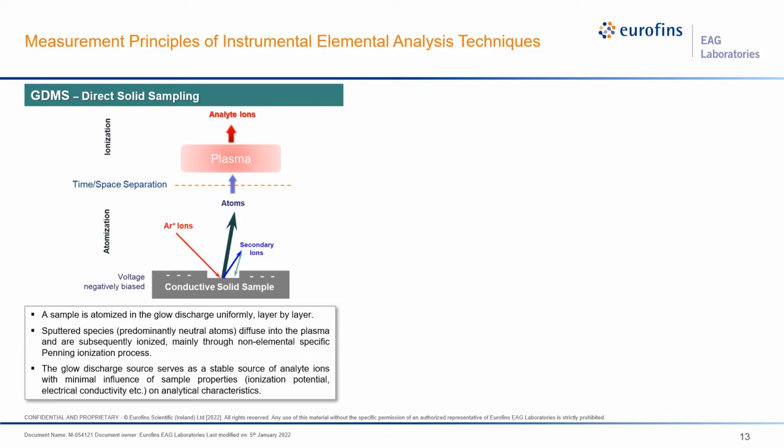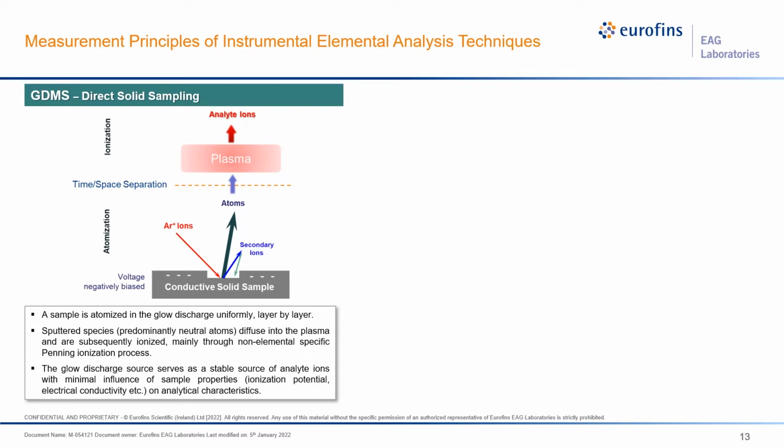It allows a high energy argon ion beam to bombard the sample and transfer the kinetic energy to the sample itself, causing the evaporation of atoms or secondary ions. The secondary ions are brought back by a negative bias voltage, so that allows a near exclusive generation of atoms.